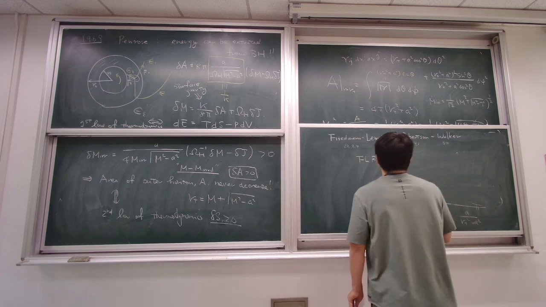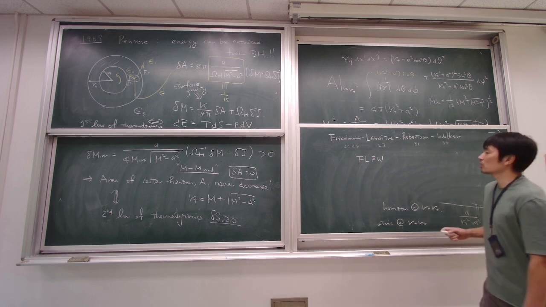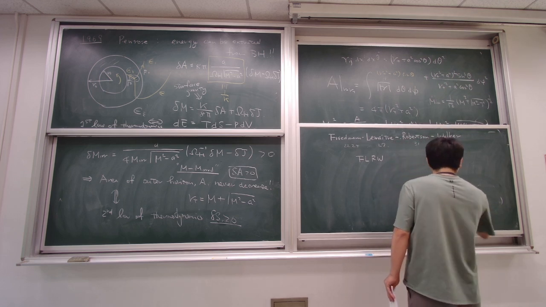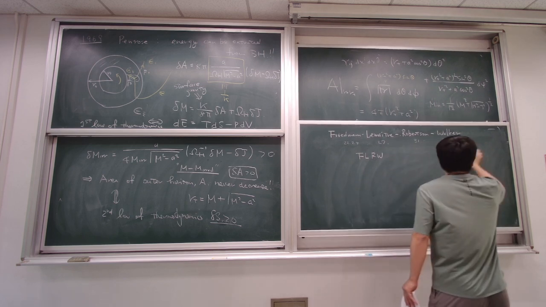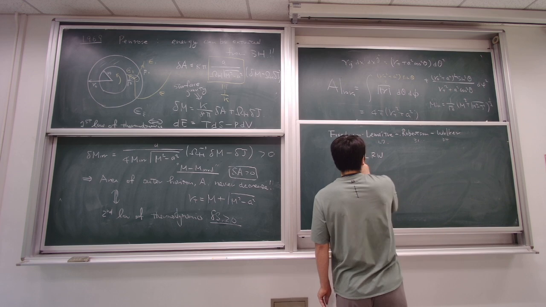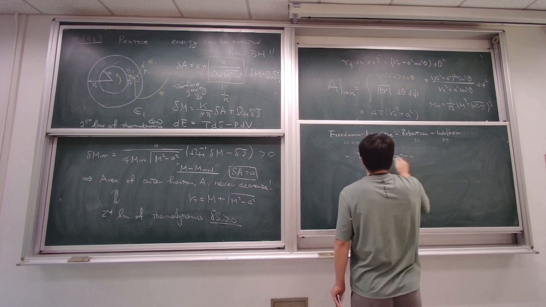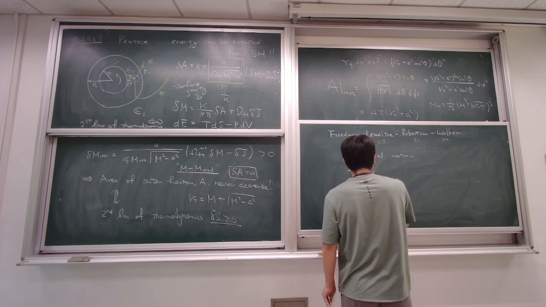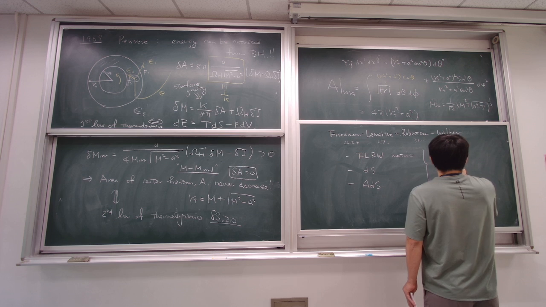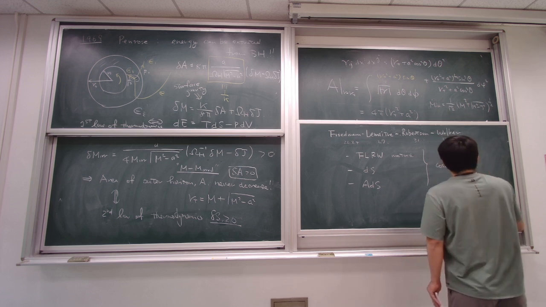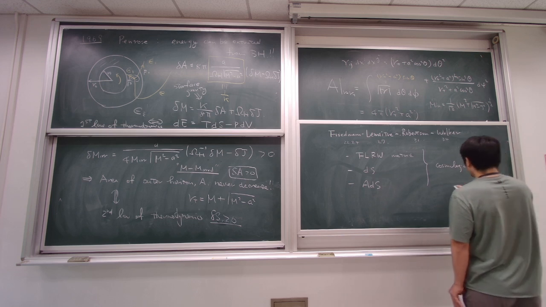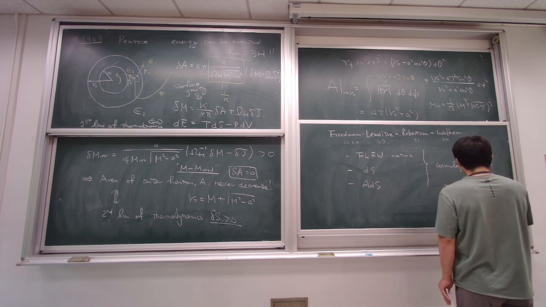So let's talk a little bit about the cosmological exact solutions. Most of you already learned the FLRW metric, and then dS and AdS. That's what I'm going to talk about. These are cosmological exact solutions to the Einstein equation.